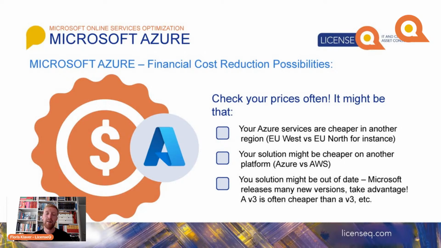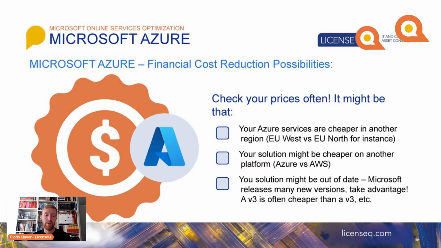Generally it doesn't matter that much, but it might be that the solution that you're working towards is more optimally suited for AWS instead of Azure. So you shouldn't disqualify the one because you have a better idea around Azure than you have of AWS. In our opinion, a multi-cloud strategy should always be the way to go.